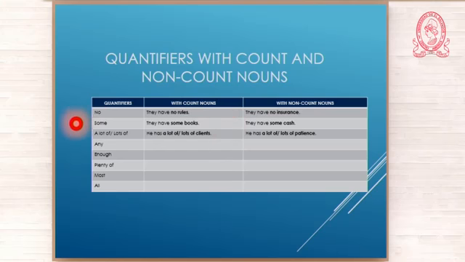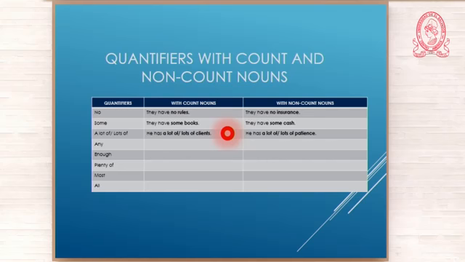And the last example that we have here is a lot of or lots of. He has a lot of clients, or he has lots of clients. Okay, we combine a lot of with a count noun in the plural form. Now let us see the other example. He has a lot of patience. Patience is a mass noun, a non-count noun.